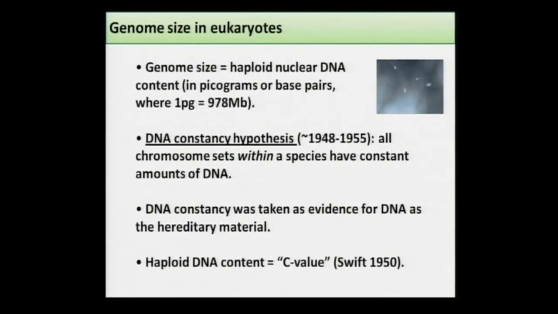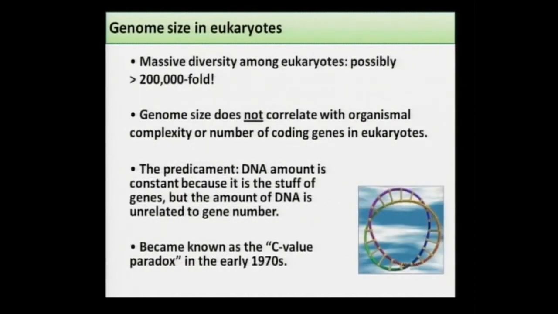So there's a constancy there. And that led to this term C value, for constant value. The fact that DNA amount is constant in each cell and protein is not was taken as evidence that DNA was the hereditary material and protein wasn't. So that's how early this observation was made.